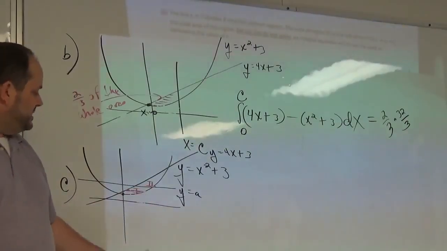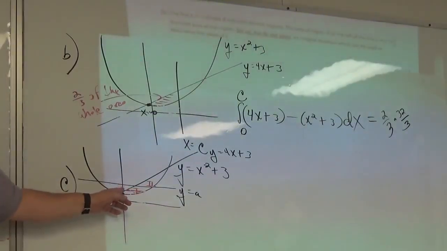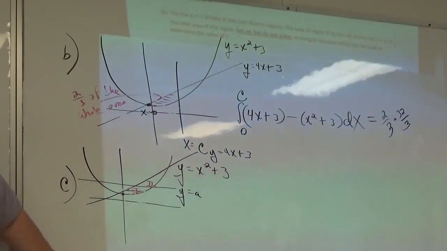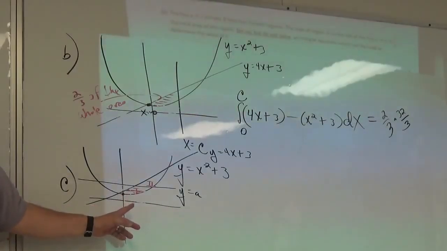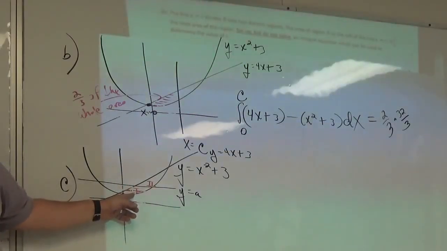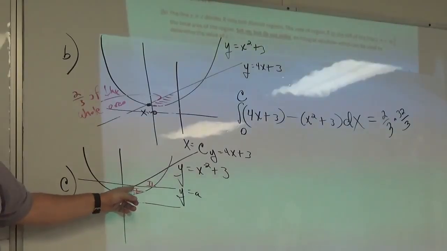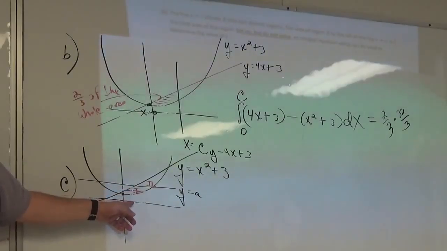But with vertical slices, I always have to keep in mind top minus bottom. Well, which function's on top? 4x plus 3. Which one's on the bottom? X squared plus 3. The answer is it depends. Are you talking about slices over here? Over here, 4x plus 3 is on top, x squared plus 3 is on the bottom.